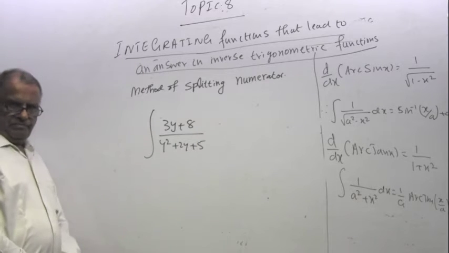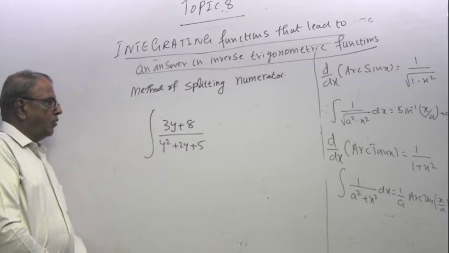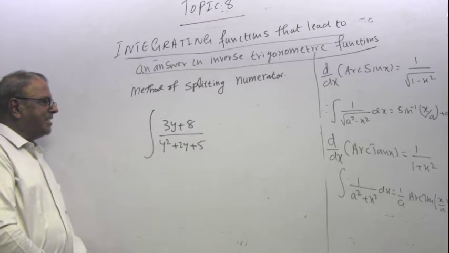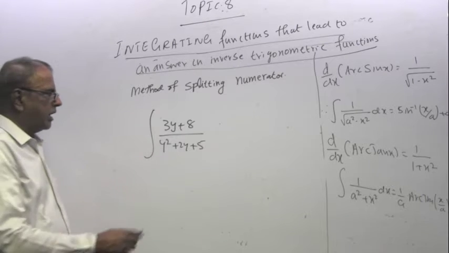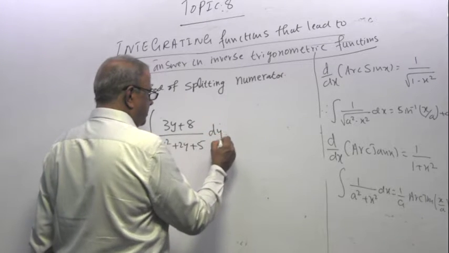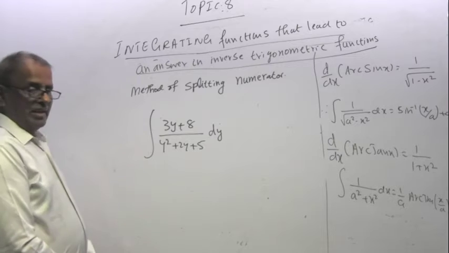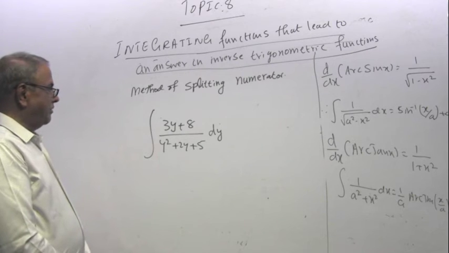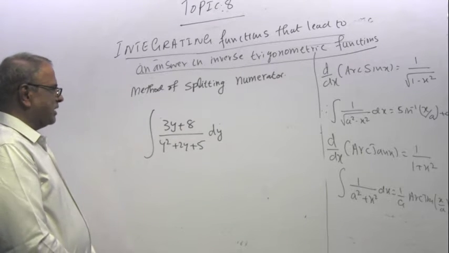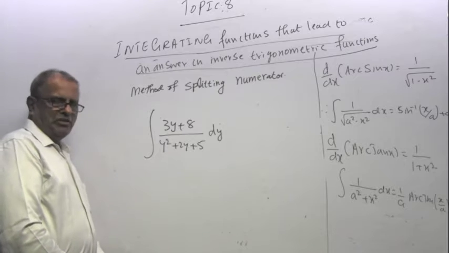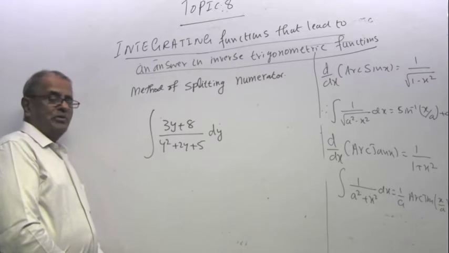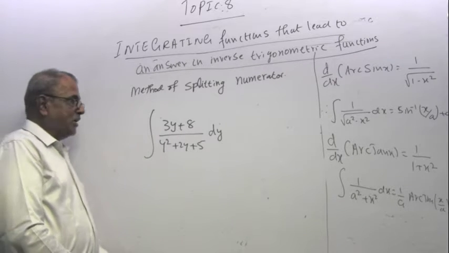Okay. What do you get when you differentiate y squared plus 2y plus 5? Of course, let's do it the same way. When you differentiate y squared plus 2y plus 5, you get 2y plus 2. I have 3y plus 8. So what do I do?